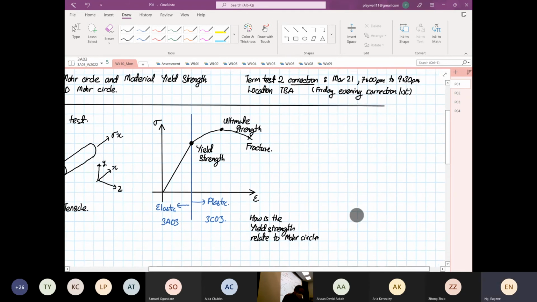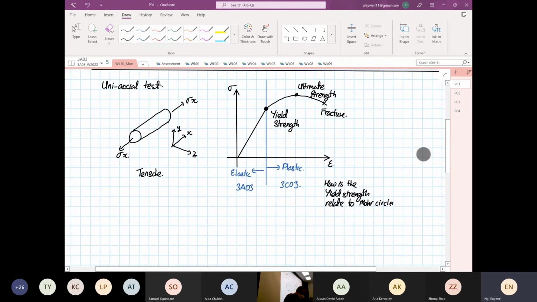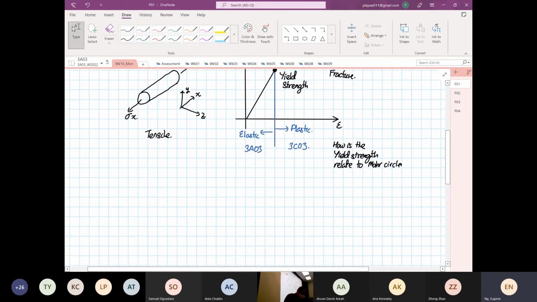So when we construct Mohr's circle, we usually construct it based on an element, okay? So we get our stresses from an element.